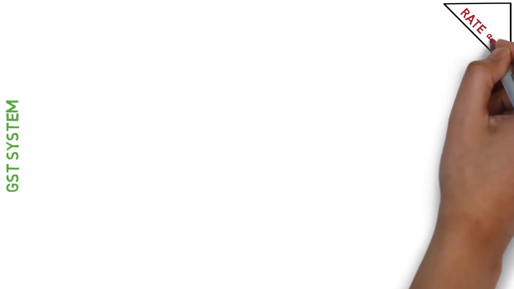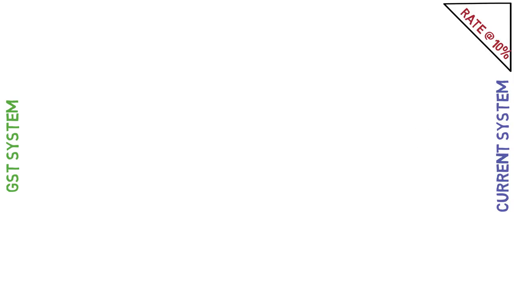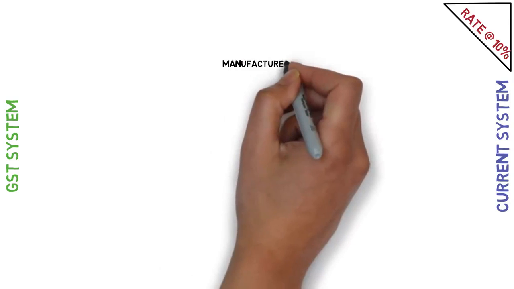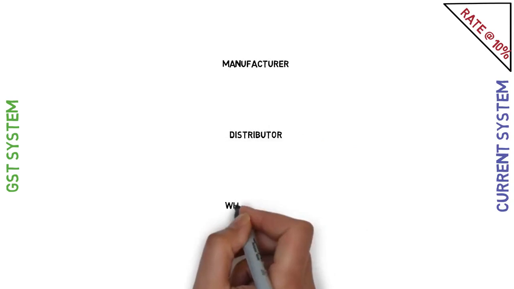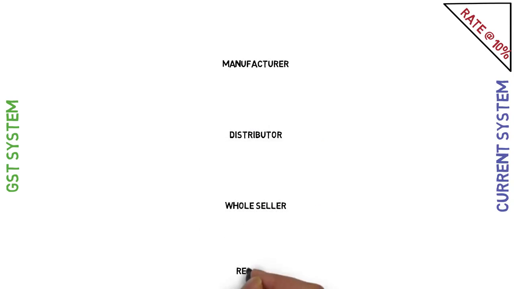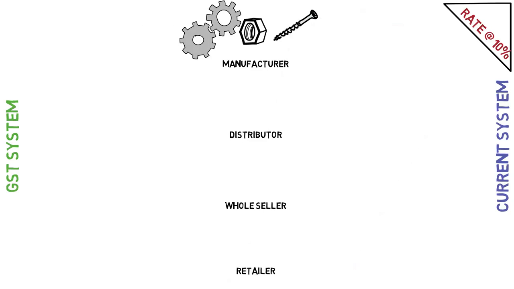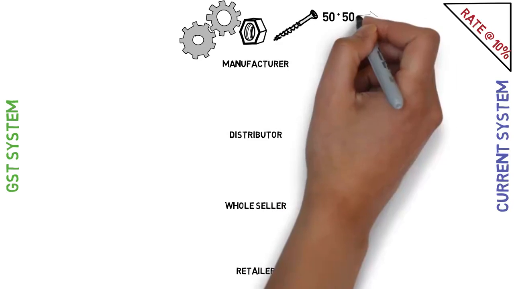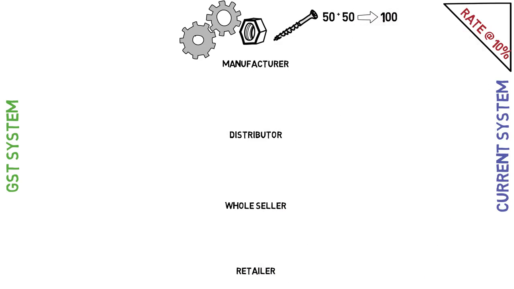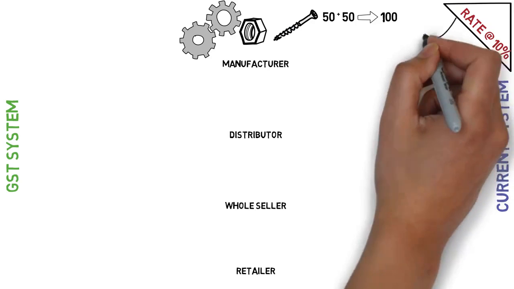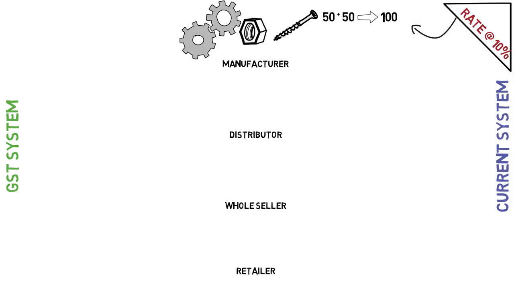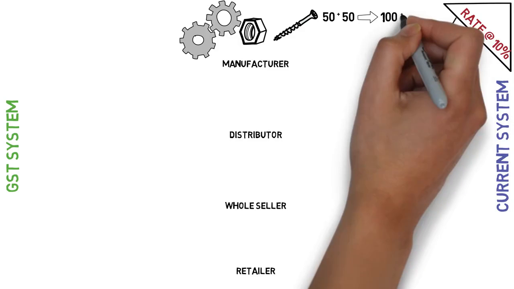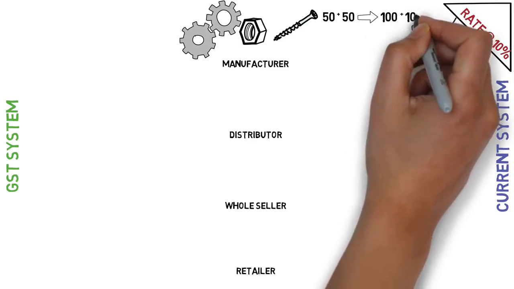Consider a simplified tax rate of 10% at each level. There are generally 4 levels: manufacturer, distributor, wholesaler and retailer. The manufacturer buys raw material, let's say of rupees 50, and manufactures the product, which adds 50 rupees value to it. So the product becomes 100 rupees. And for selling this product, he needs to pay 10% tax, which is 10 rupees.